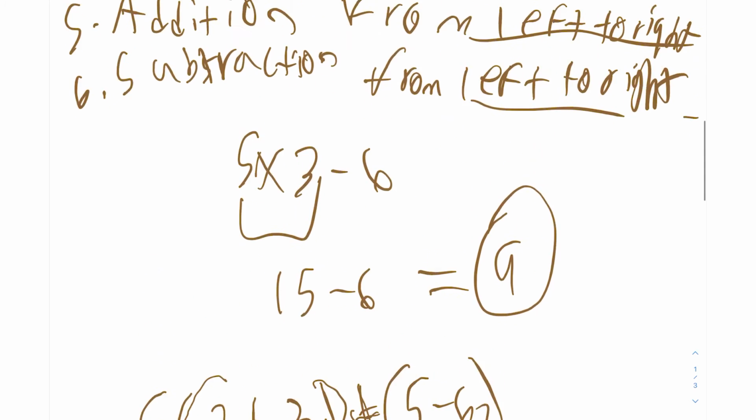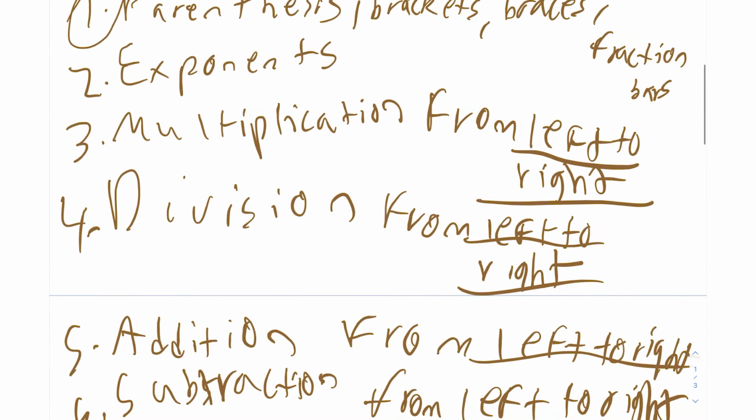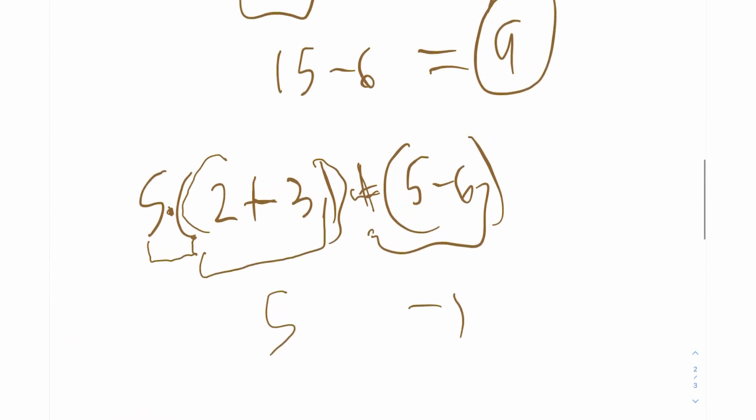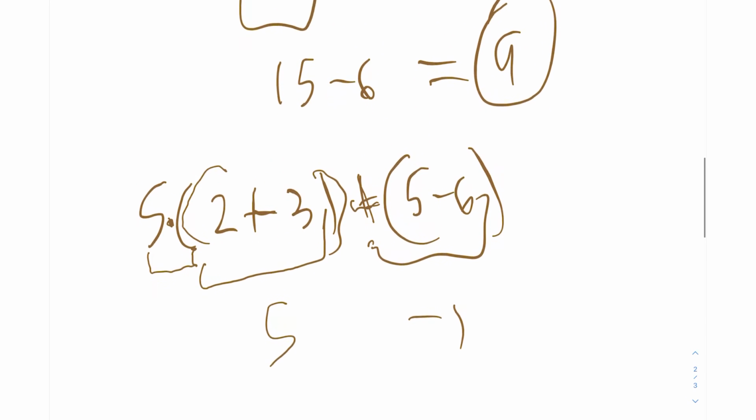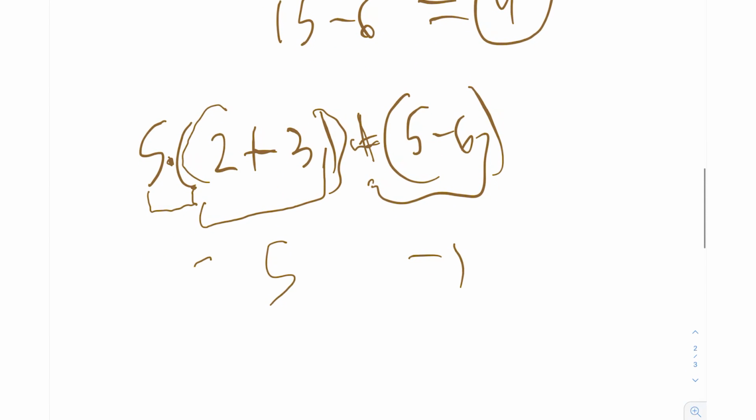But according to PEMDAS, multiplication is before addition, which means that we have to multiply 5 times whatever is in the parentheses first before we can add. So let's do that. 5 times 5. Okay, so we have to do 25.